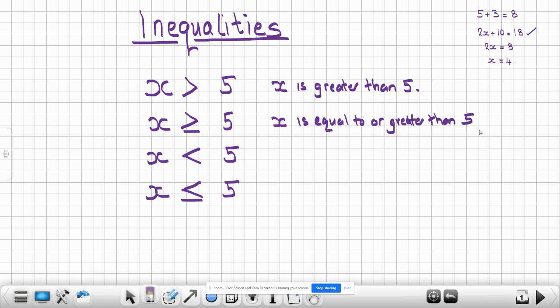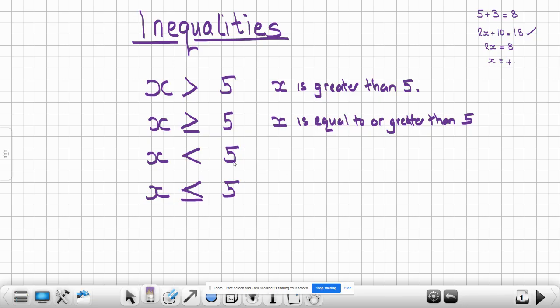In the first example, we have to recognize that x cannot be 5. It's got to be more than 5. It could be 5.00000001, but it must be greater than 5 itself. And in the second example, x can be equal to or greater than 5.